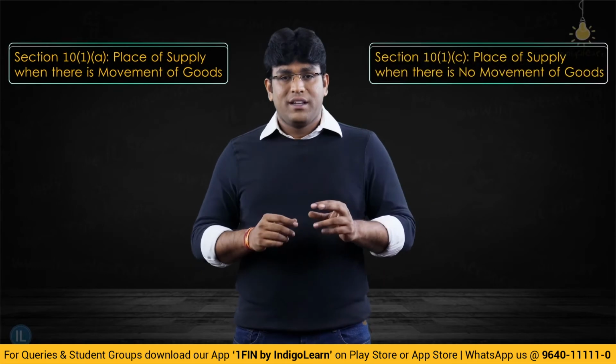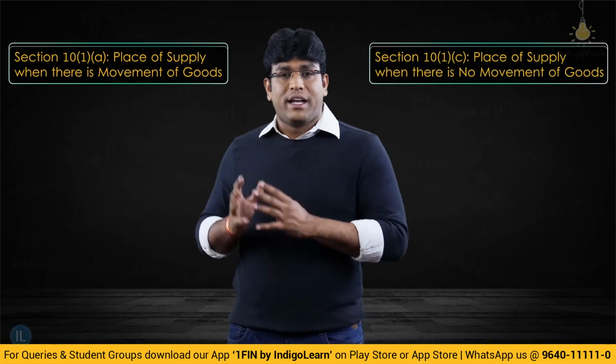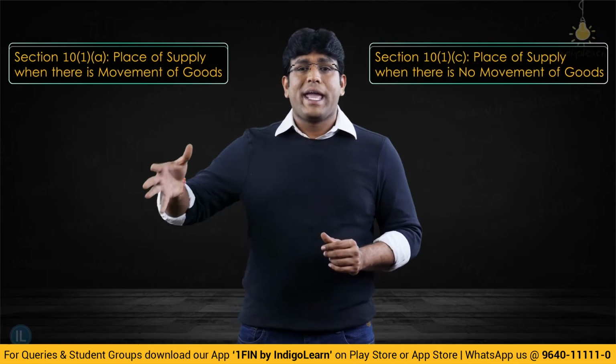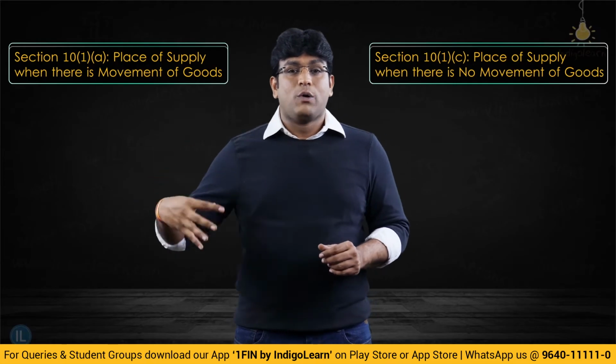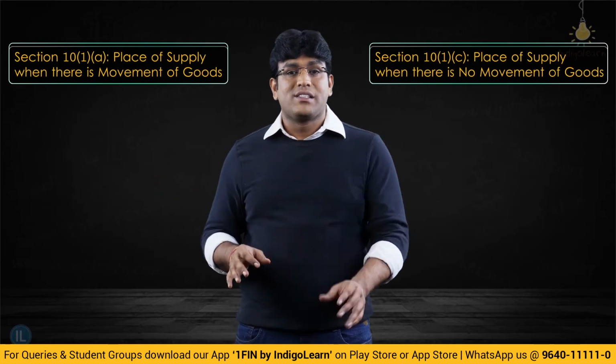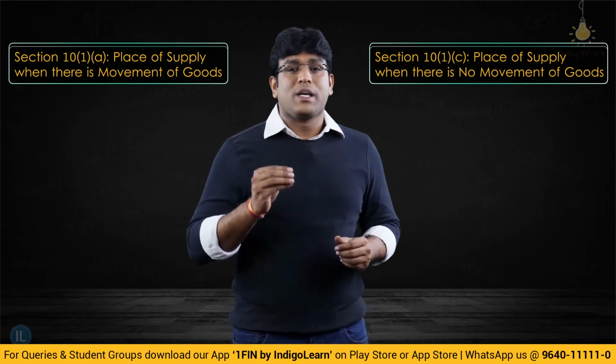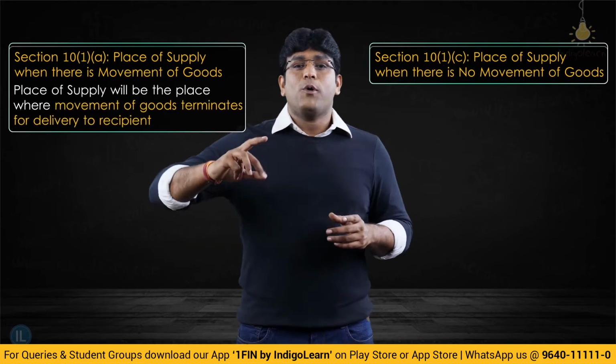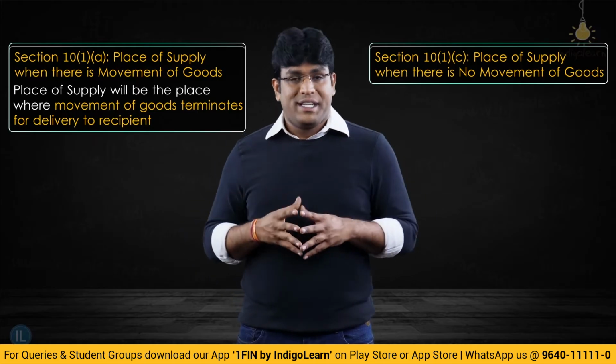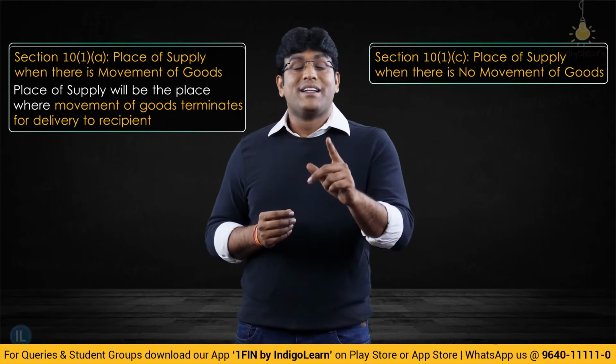So friends, we are done with two provisions now, 10(1)(a) and 10(1)(c). 10(1)(b) we will talk about. 10(1)(a) talks about place of supply in case where there is movement of goods, and in that case, place of supply will be the place where movement of goods terminates for delivery to the recipient.